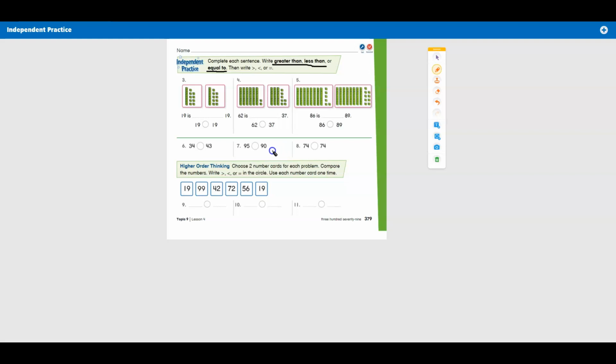You will write the greater than, less than, or equal to symbol. Now is a good time to pause the video so that you can work on numbers 3 through 8. When you press play on the video, we'll begin talking about number 9 at the bottom of the page.